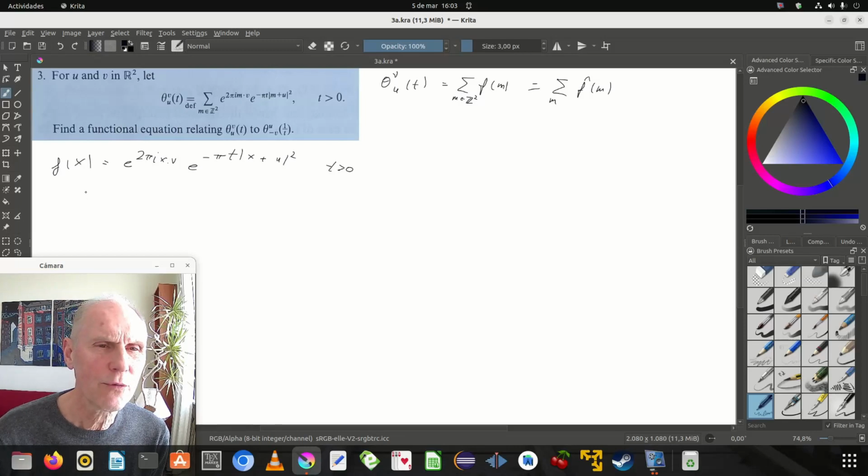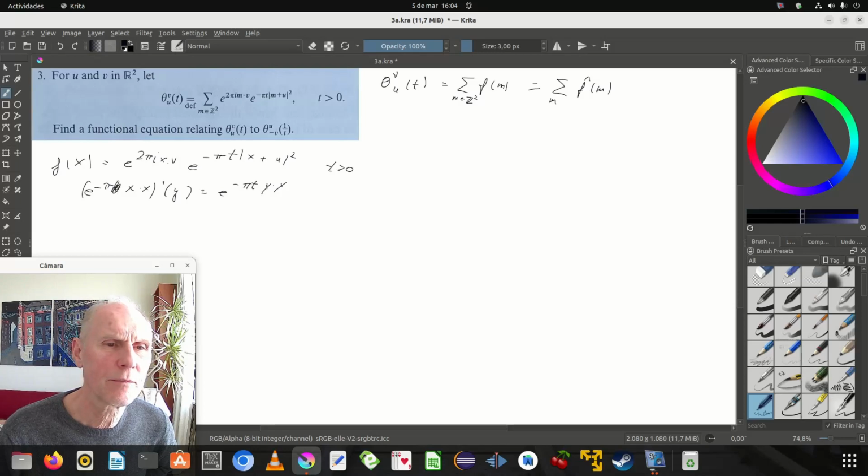So first we have the Fourier transform of the function, x hat of y. It's the same function, y times dot y. That's without the t, by the way.